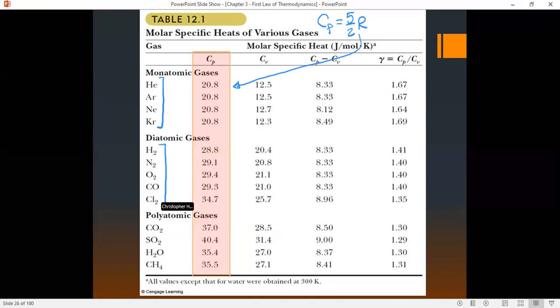For a diatomic gas, Cp is supposed to be equal to 7/2 times R. So we think about this: 7 times 8 is 56. We divide 56 by 2, and we get 28. Hydrogen comes pretty close to that, but as you can see with the heavier gases, they begin to deviate more and more from that because of the intermolecular forces. All right.